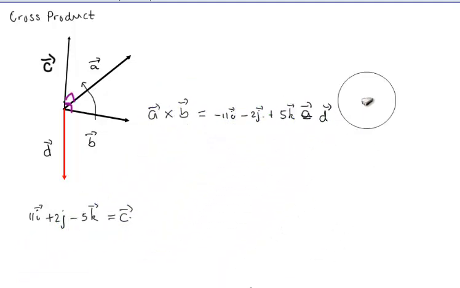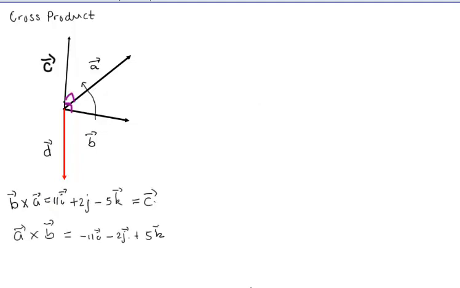Let's just erase this. Now guys, these are the two vectors we got, B cross A and A cross B.